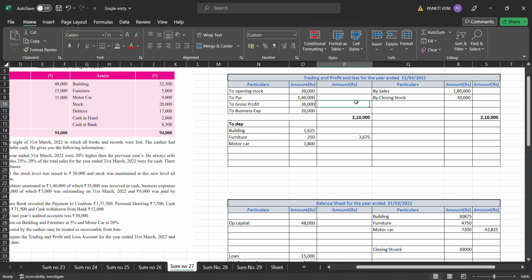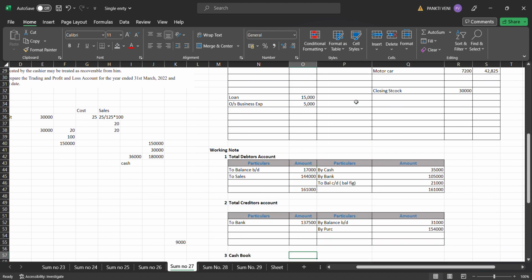Gross profit is 20% on sales. So I'll take 36,000. Instead of 30,000, let me take 36,000. I'll get 1 lakh. Business expenses I'm not supposed to consider. Business expenses is my P&L item. I will be taking only my trading items. So this part is done.